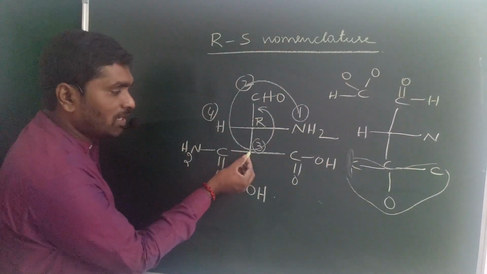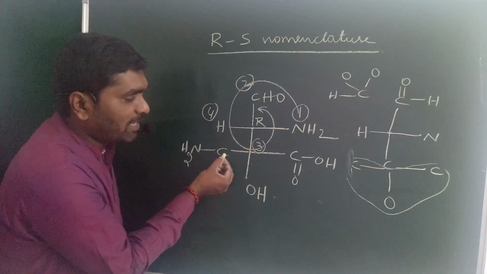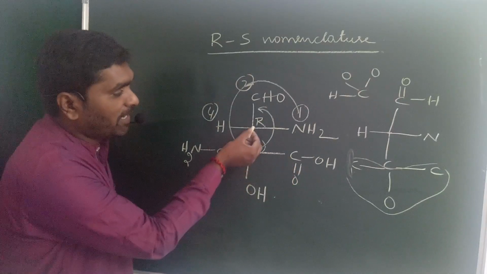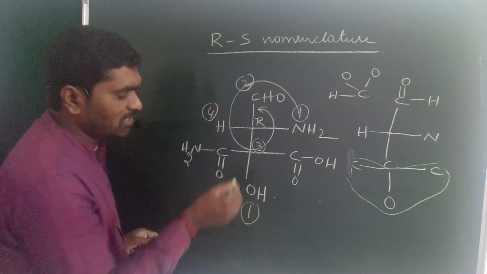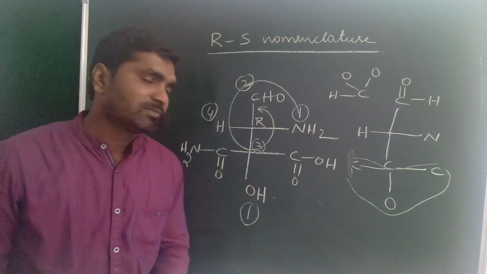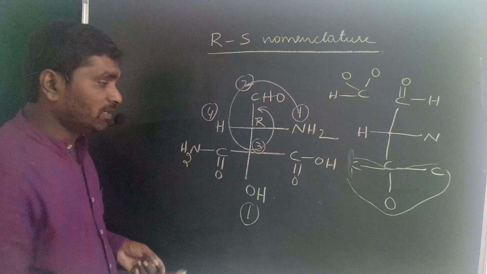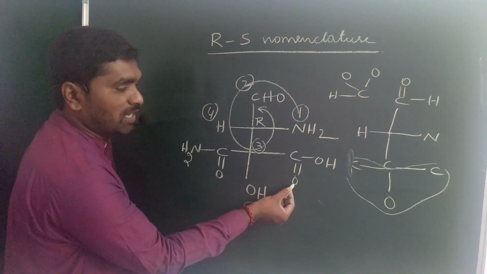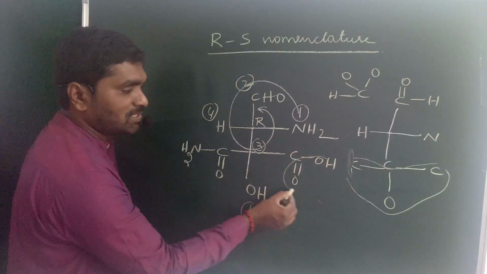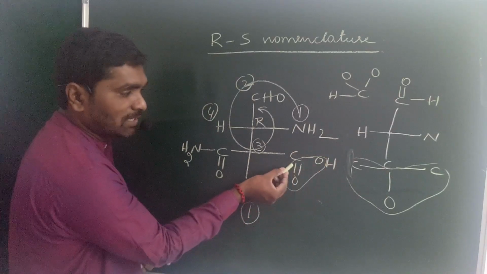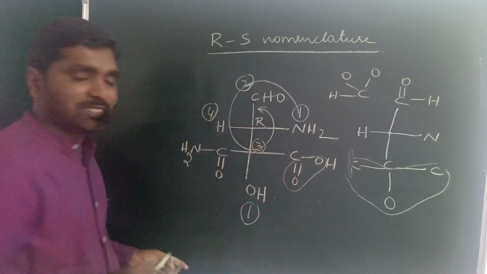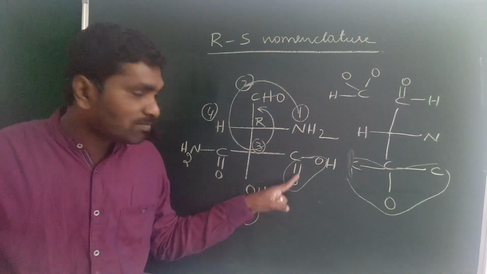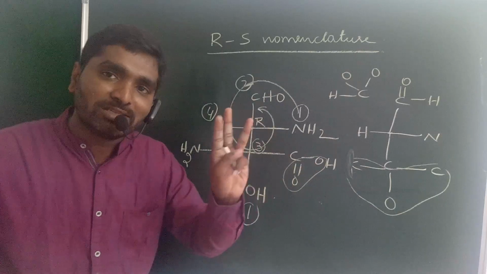Next, look at this one. The carbon is bonded with the left side carbon, the right side carbon, an oxygen below the plane, and a carbon above the plane. Oxygen always gets the higher priority. Next one guys. Next, the carbon is bonded with three oxygen atoms. C double bond O means this carbon is bonded with two oxygen atoms as well as another oxygen, total 3.